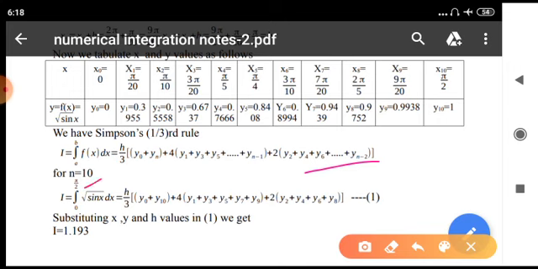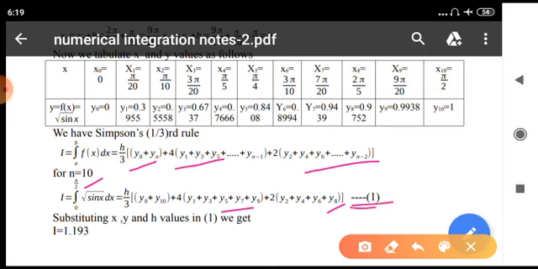Since n is 10, the formula reduces to h by 3 times y0 plus y10, plus 4 times y1 plus y3 plus y5 plus y7 plus y9, since n minus 1 is y9, plus 2 times y2 plus y4 plus y6 plus y8, since n minus 2 is 8.